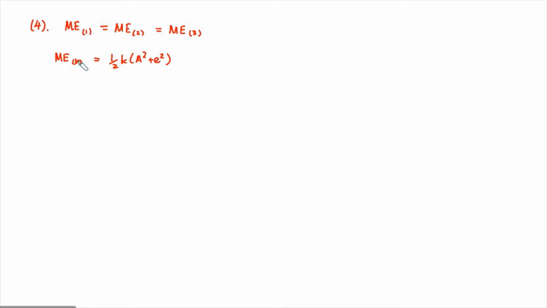And then for level 2 we got 1/2 K (E plus A) squared minus mgA, and for mechanical energy at level 3 we got 1/2 K (E minus A) squared plus mgA.